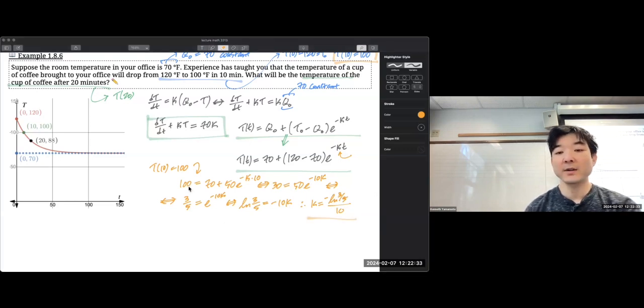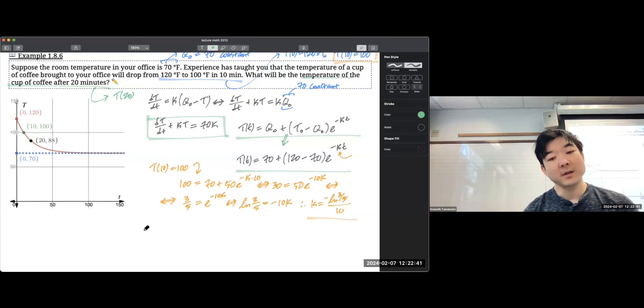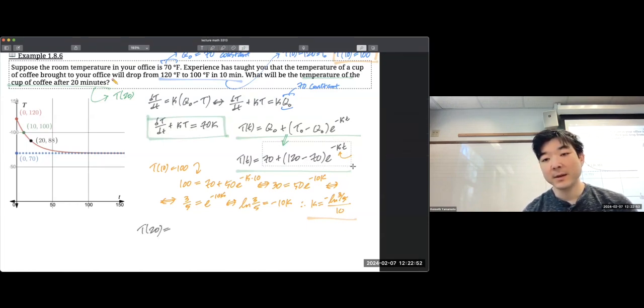But now that we found the k, what is it that we want? We wanted to find T of 20. So we'll take the expression that we get once we plug in this k. T of 20 would essentially be this thing, but with the k being this.